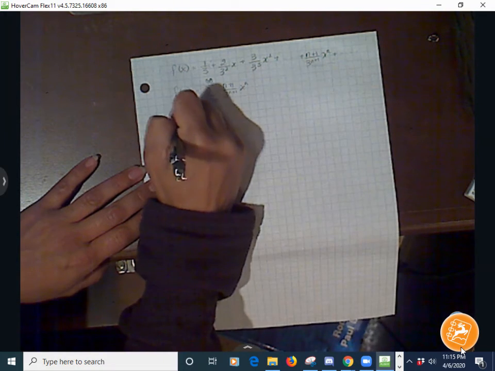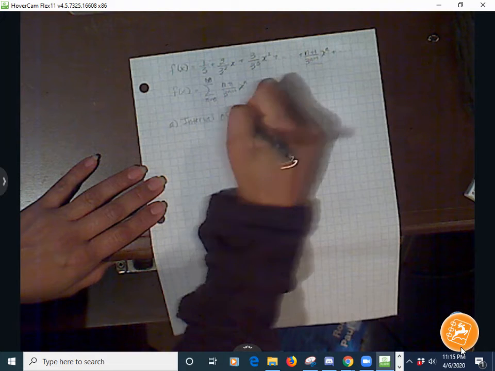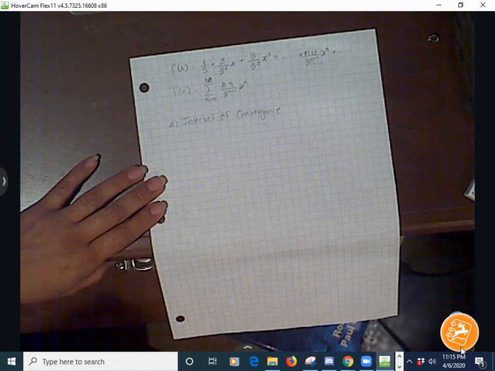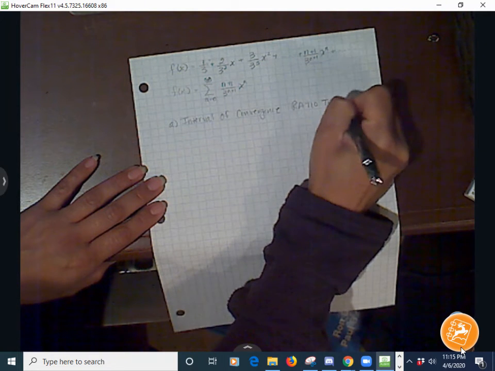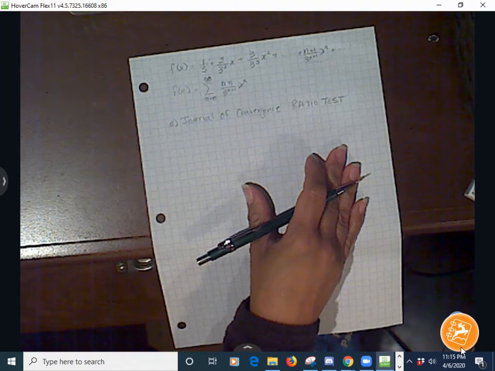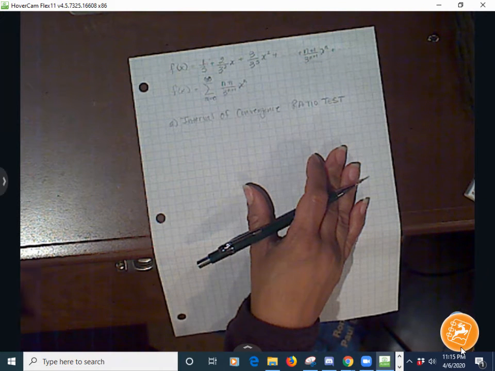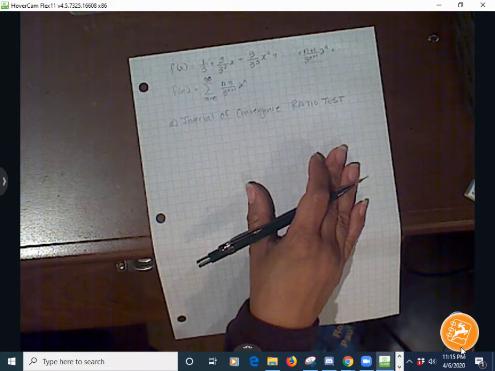So now part A, find the interval of convergence, which when we do that, we want to do the ratio test. The ratio test says that when we do the limit as n goes to infinity of the n plus 1 term divided by the nth term, if that limit is less than 1, then it converges.